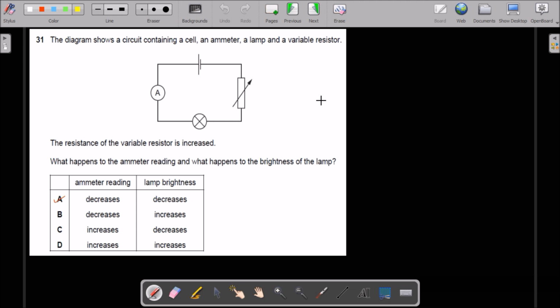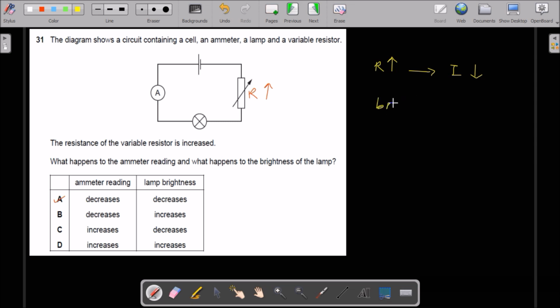When the resistance of the variable resistor is increased, because the variable resistor is connected to the lamp in series, the resistance of the whole circuit will increase. When total resistance increases, current decreases. So when current decreases, brightness decreases.